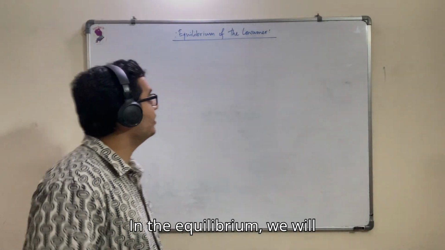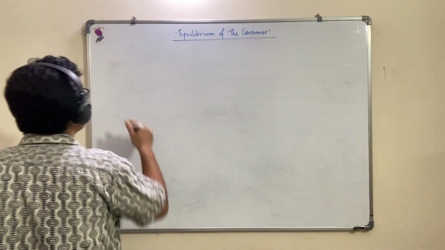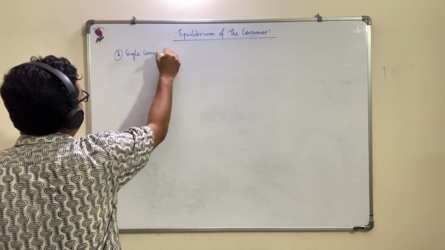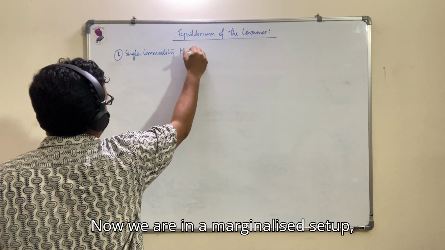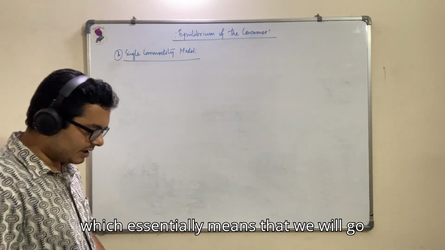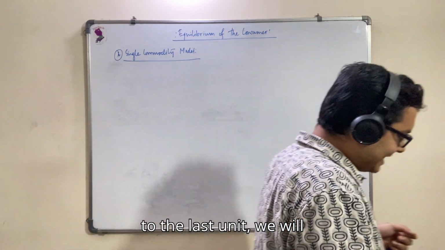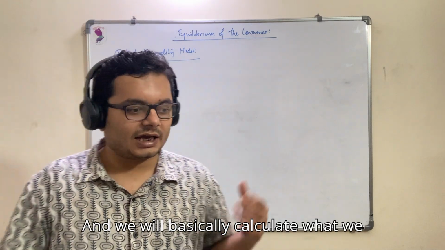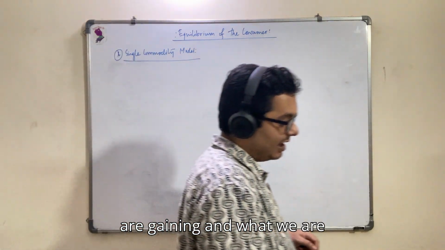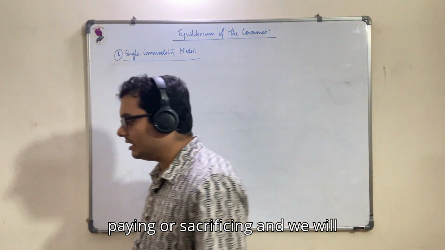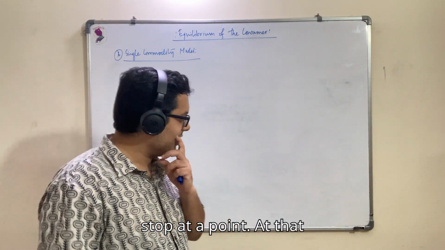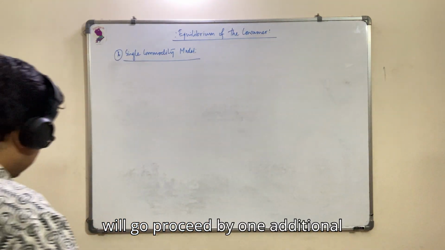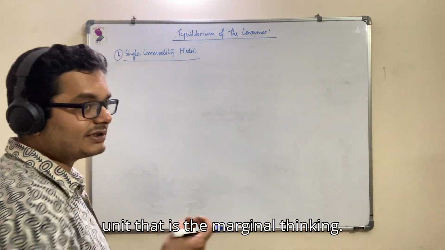In the equilibrium, we will first start with a single commodity. Now we are in a marginalist setup, which essentially means that we will go to the last unit, we will judge in the margin, and we will basically calculate what we are gaining and what we are paying or sacrificing, and we will stop at a point at that unit where these two are the same. Okay, and we will proceed by one additional unit, that is the marginal thinking.